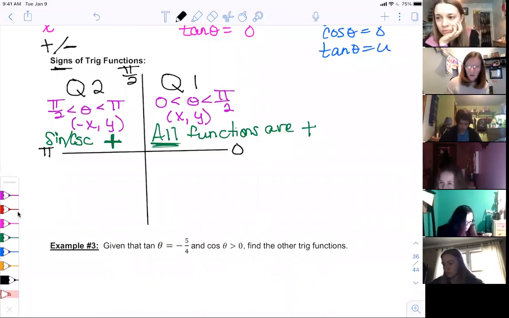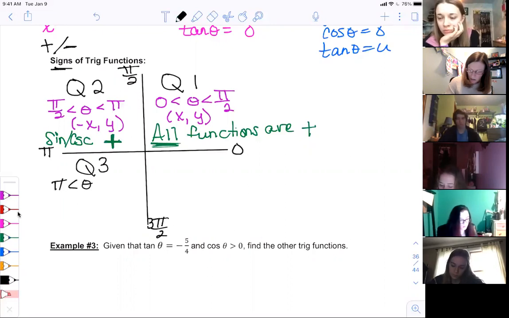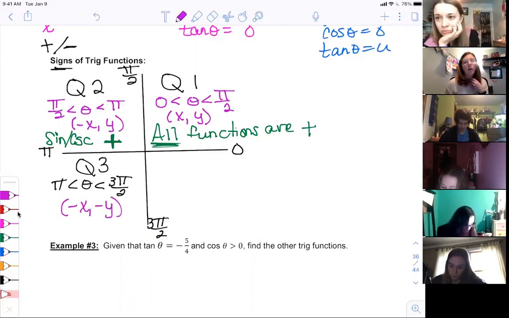Going into the third quadrant, doing the same thing. This is 3 pi over 2. It goes from pi to 3 pi over 2. And negative x, negative y. So x is cosine, well, cosine is going to be negative.